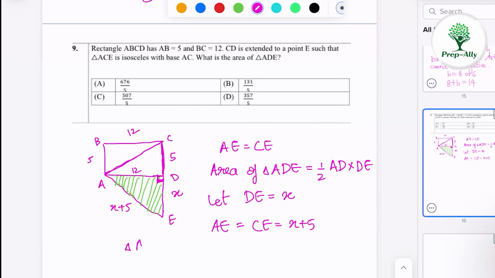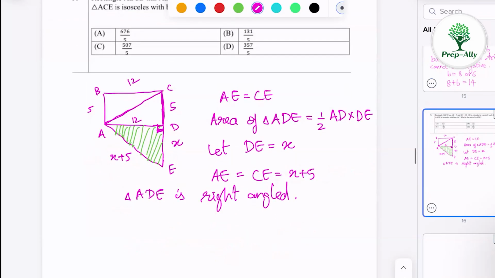But triangle ADE is right angled. Now, because AD is right angled, we can write 12 square plus X square equals X plus 5 the whole square, right?